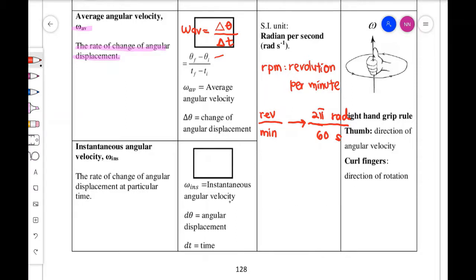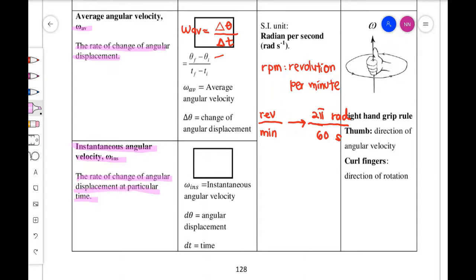Another one is instantaneous angular velocity. The symbol is omega instantaneous. It is defined as the rate of change of angular displacement at a particular time.